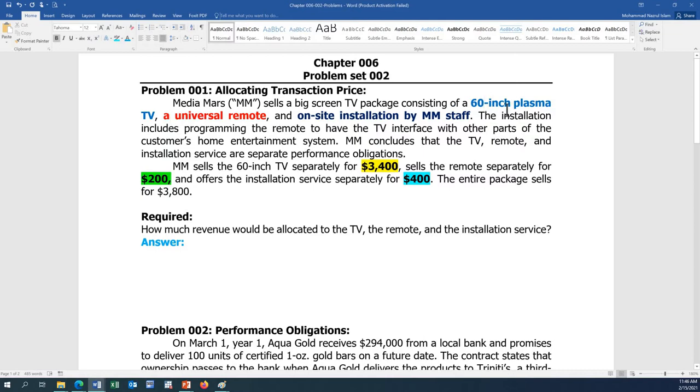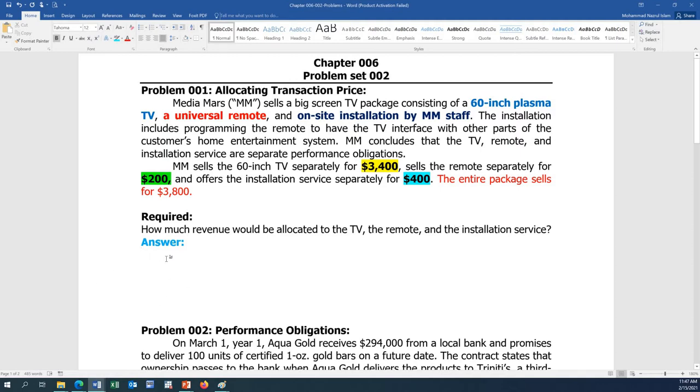The TV is separately sold for 3,400, the remote for 200, and the installation service separately for 400, and the entire package sells for 3,800. And now the question is, how much revenue would be allocated to the TV, remote, and the installation service?